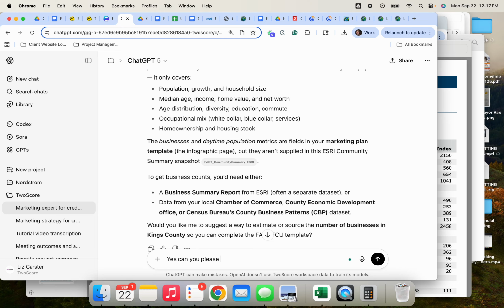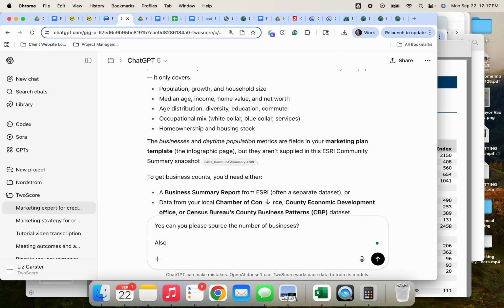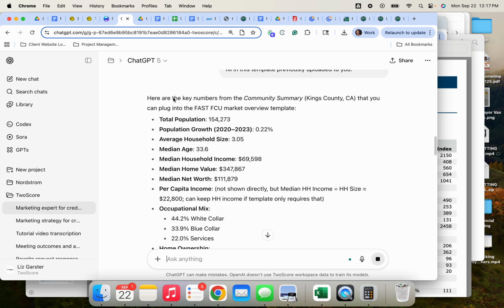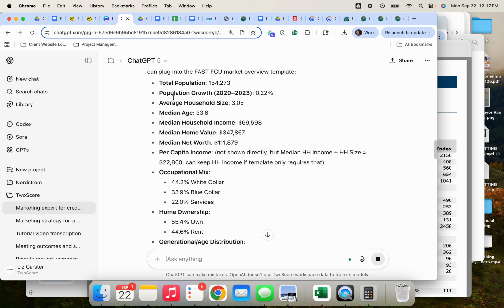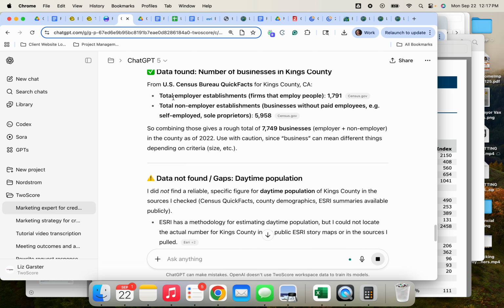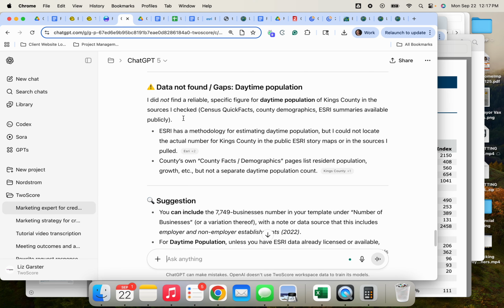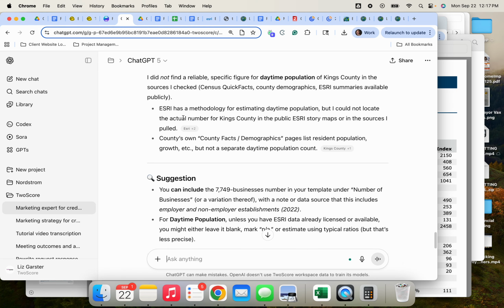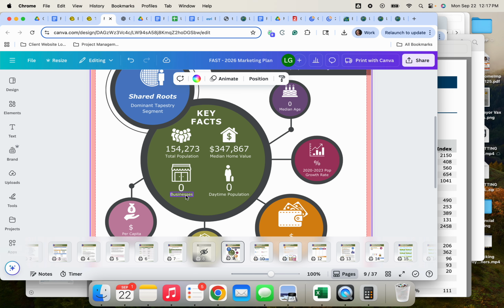Yes, can you please source the number of businesses? Also, did it have the daytime population number? Because I'm not seeing that here, and I thought it did. Okay, well, we have 7,749 businesses, so we'll roll with that.